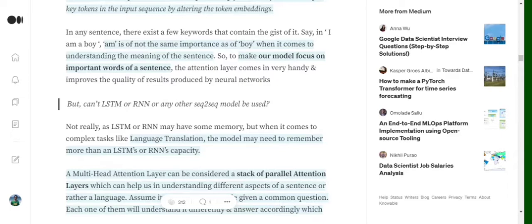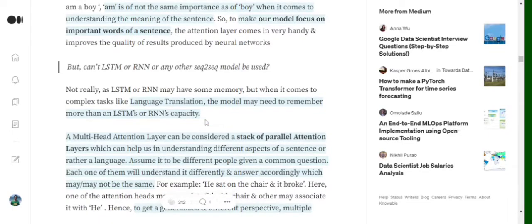They might not be able to remember most of the things, but attention is able to capture much information. It is able to store humongous information with itself. So it is able to capture the linguistic meaning of a particular language very easily as compared to LSTMs and RNNs, because their memory capacity is pretty low.